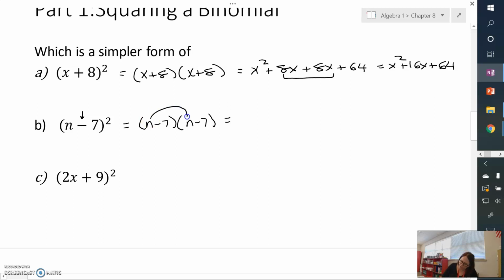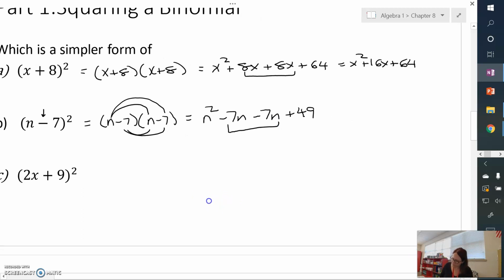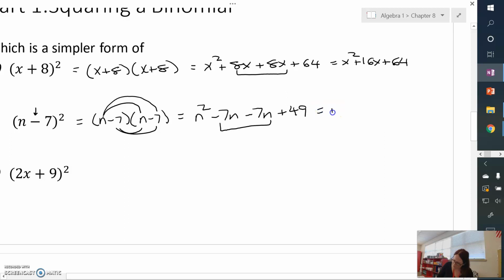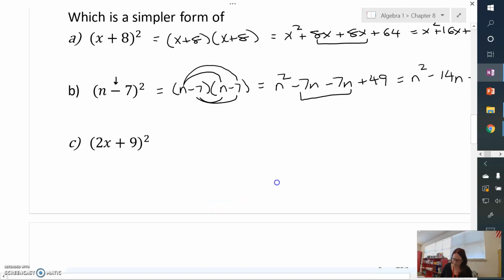So I'm going to do my first, n squared, times my outer, minus 7n, times my inner, minus 7n, and then my last. And again, right there in the middle, I've got two terms I can combine. So that's going to give me n squared minus 14n plus 49.